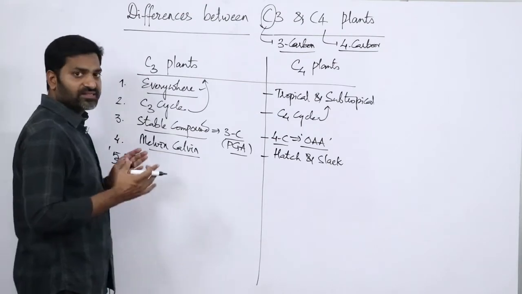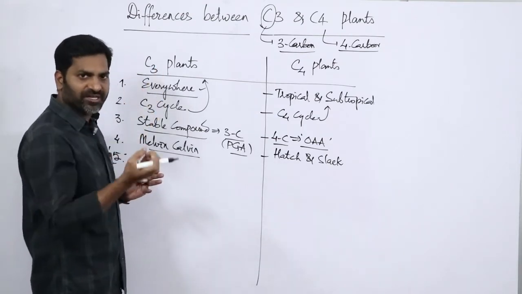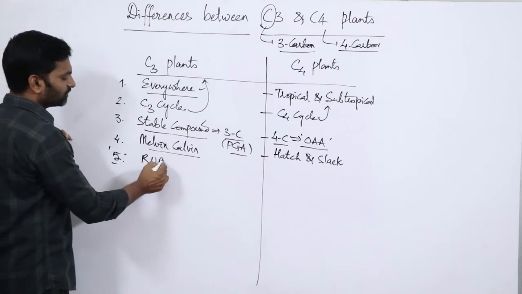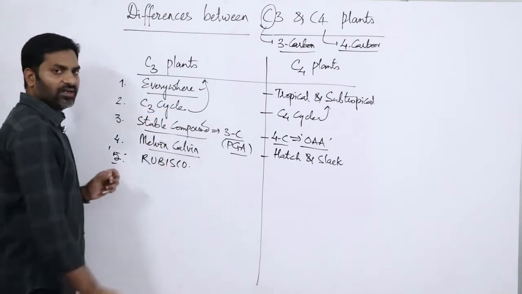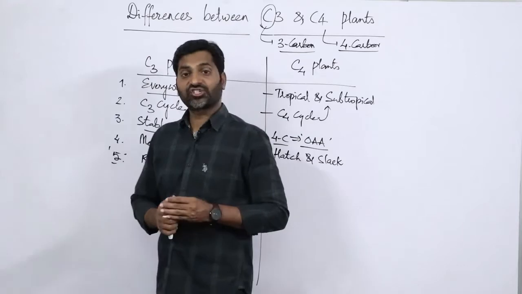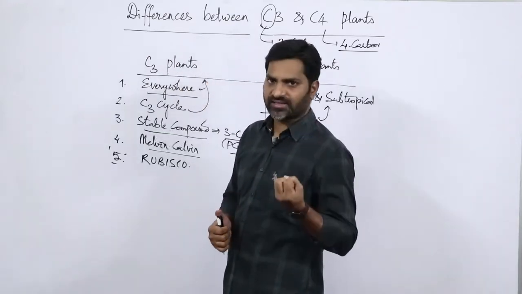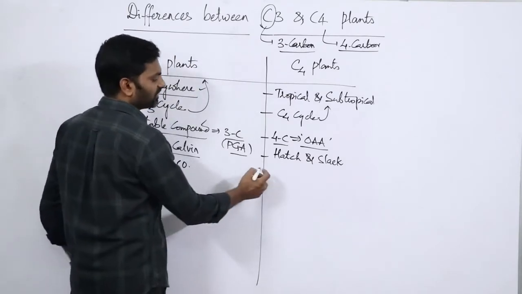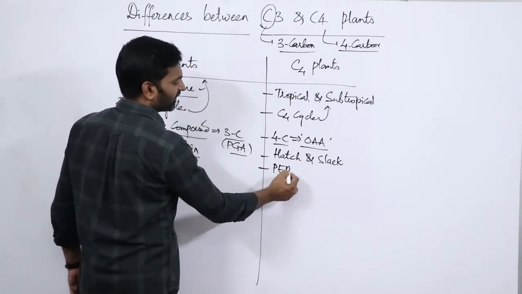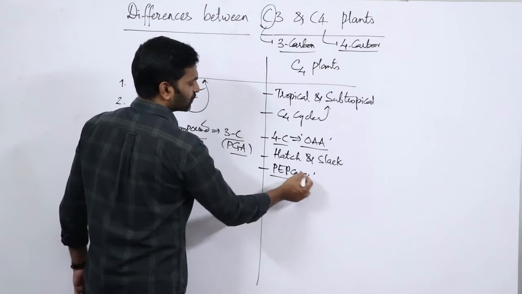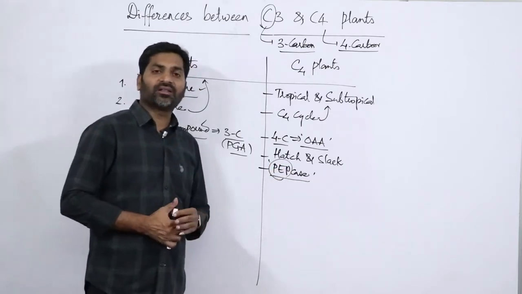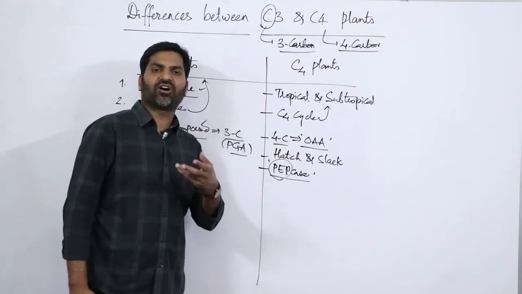The enzyme which traps atmospheric carbon dioxide in C3 plants is Rubisco, whereas in C4 plants the enzyme is PEPcase, which acts upon the substance called phosphoenol pyruvate.